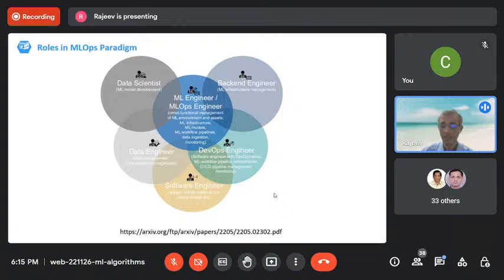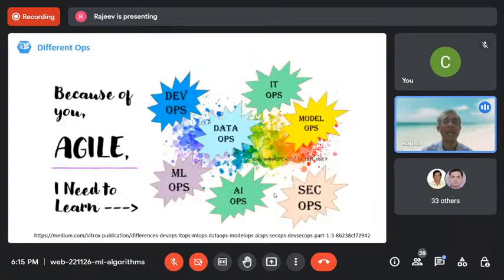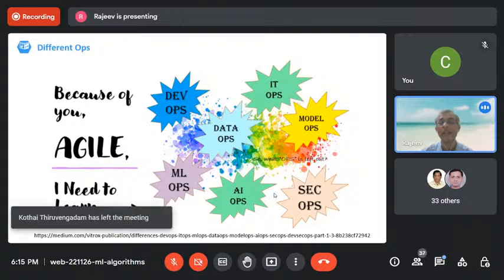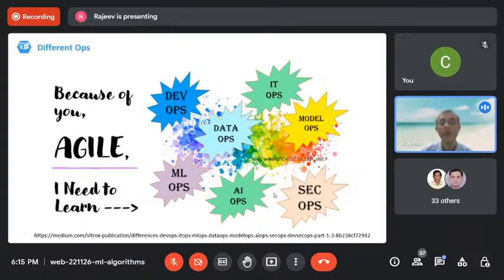The entire problem starts with agile. I like this slide because, with agile, I need to learn all these ops: DevOps, DataOps, IT ops, ModelOps, SecOps, security operations, AIOps, MLOps. It's very, very important. Can one person or a couple of people learn all this to make the project successful? That is very, very difficult.